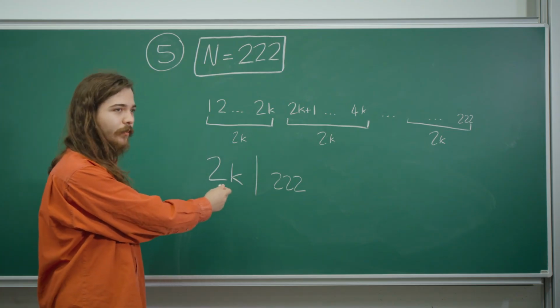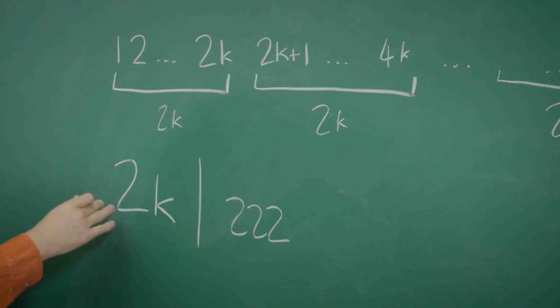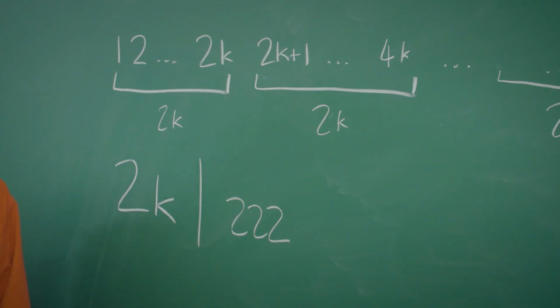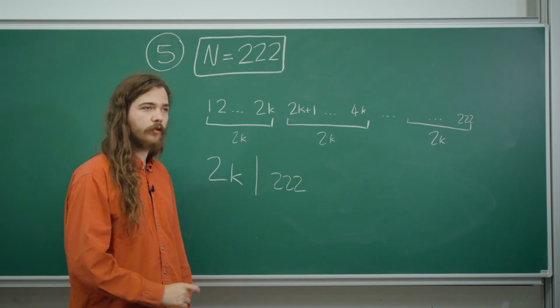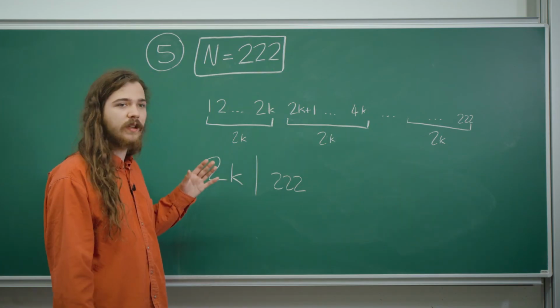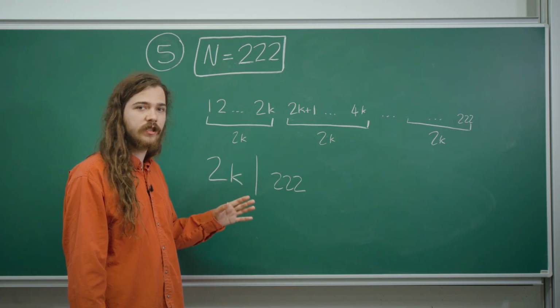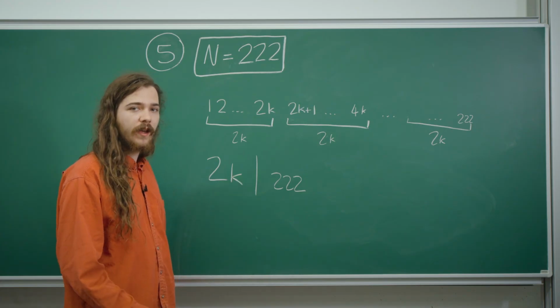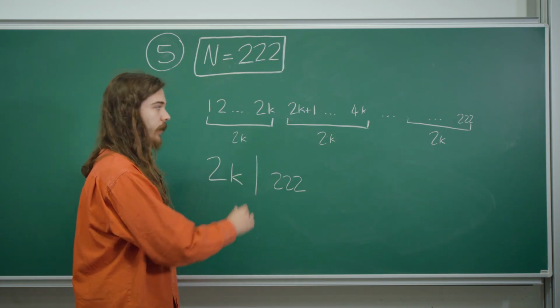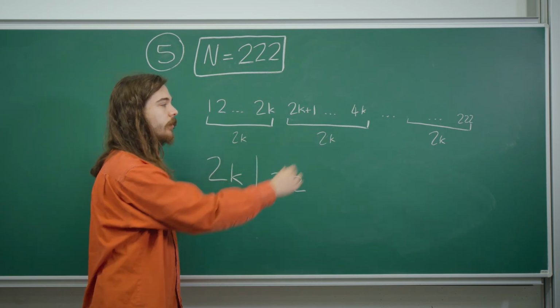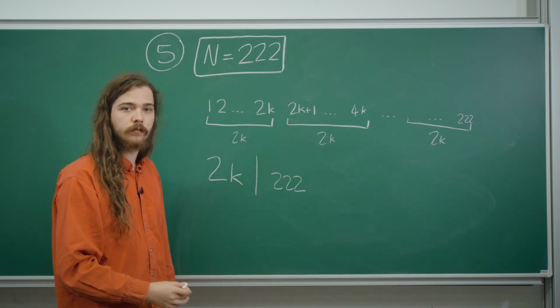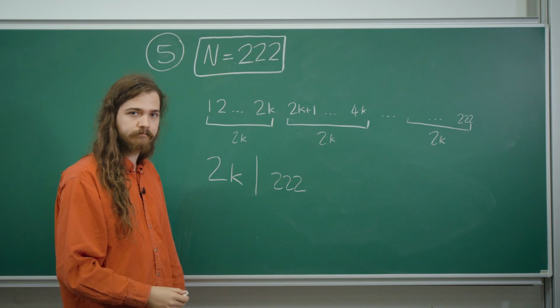If you haven't seen this symbol before, it means that the thing on the left is a factor of the thing on the right. So this is both a necessary and a sufficient condition, which means that if this does hold, then we can pair the numbers up like this. But if it doesn't hold, then we are not able to do so.